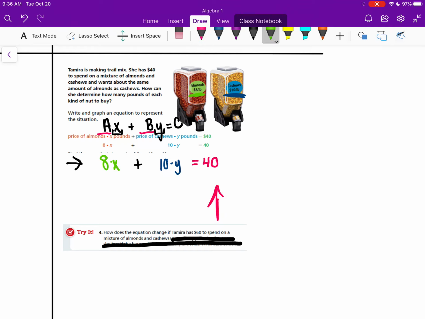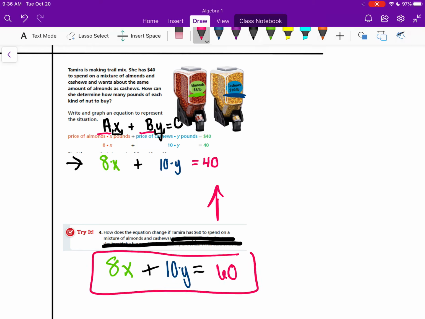So it would still be $8 per pound of almonds, and we would still have to add, because we want to total how much money we spend, $10 times a pound of cashews. But instead of needing to equal 40, if we had $60 to spend, it could equal $60. So there we go. There we set up that equation.